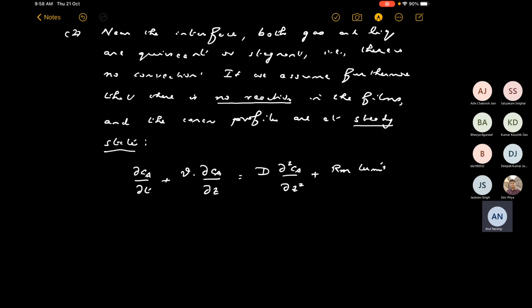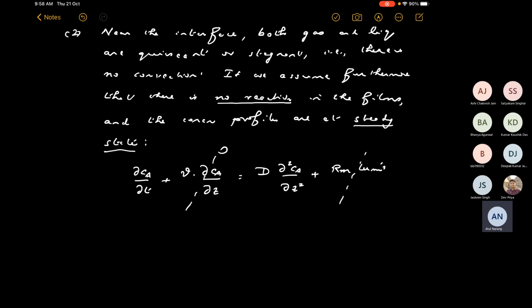So basically, what we are saying is, first of all, because we are on the film, we said that this convective term is equal to zero. There is only pure diffusion. Second, we said that there is no reaction, so we threw away the reaction term. There is no oxygen consumption taking place in either of the two films, and if there is, it is so small that we can assume it to be zero.